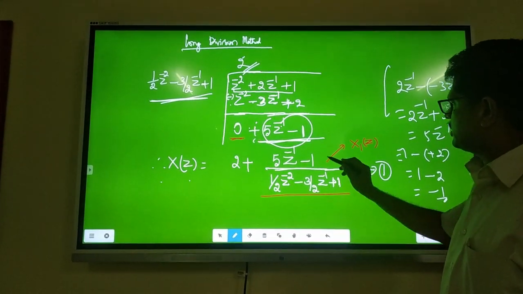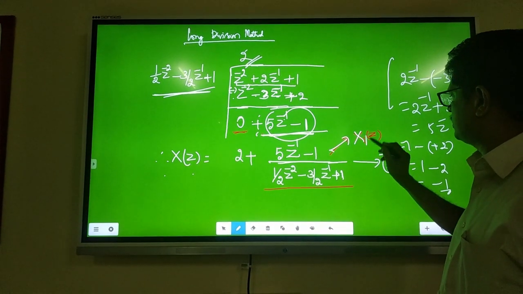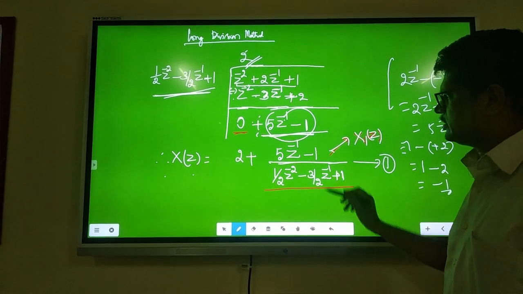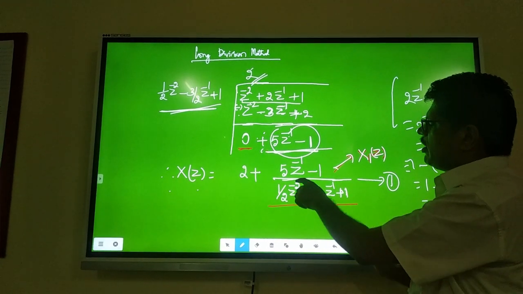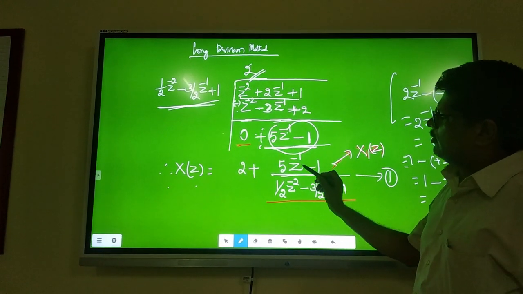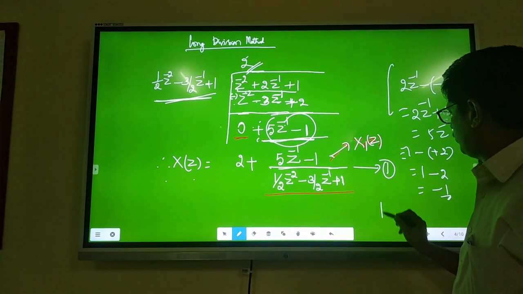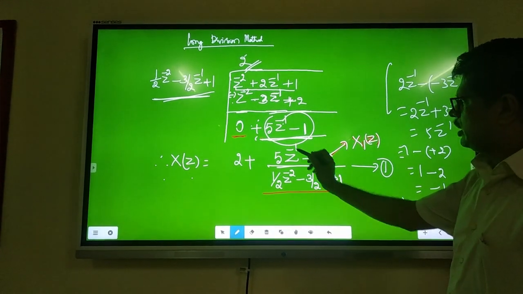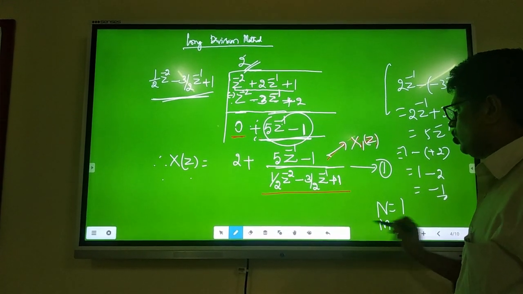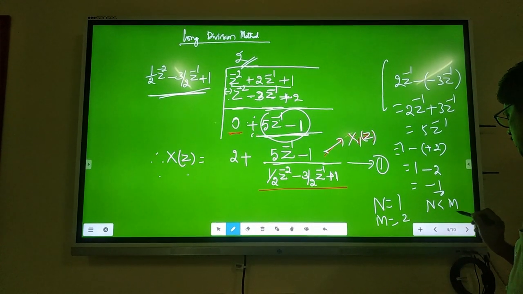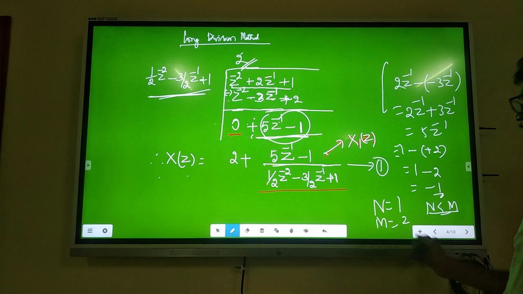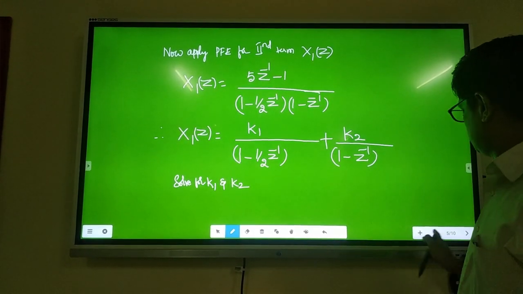Now this is called X1 of z, like your previous one. This is your normal form. Why is this the normal form? The maximum numerator power n is 1 and m is 2. Therefore n is less than m, so it is normal form.